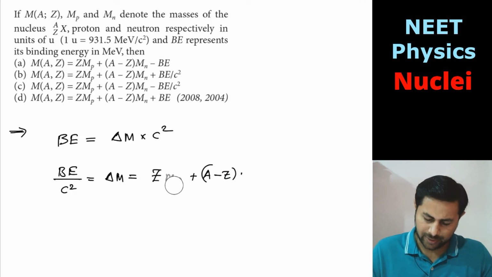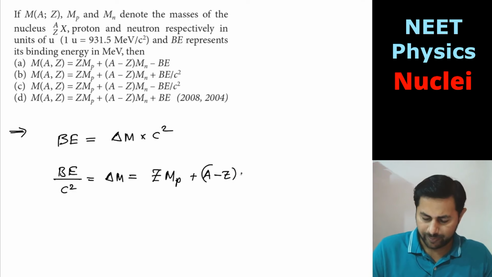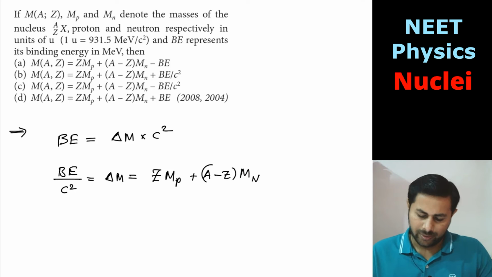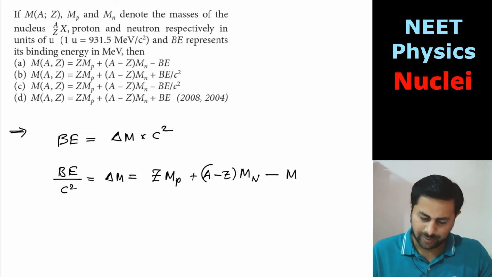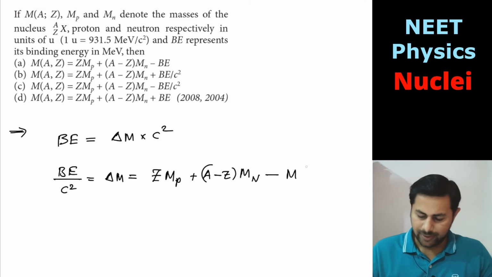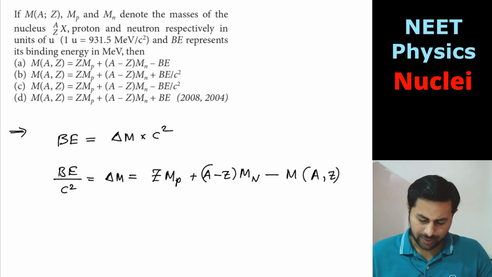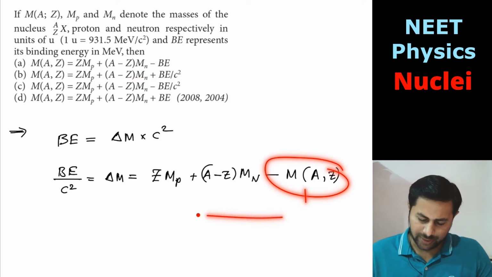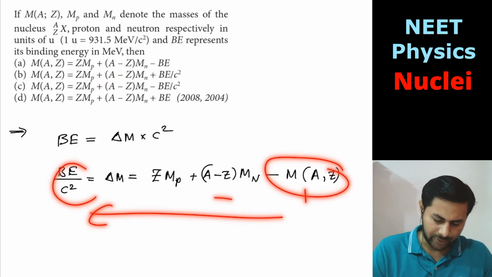They are denoting it by capital M, minus the mass of nucleus, and mass of nucleus they are representing like this, M A Z, right? Then move this thing on this side and this thing on the other side. So what do you get?